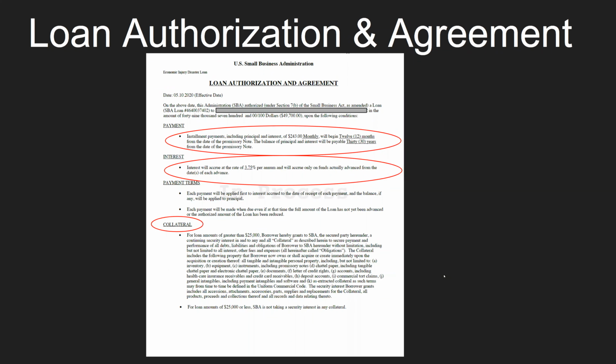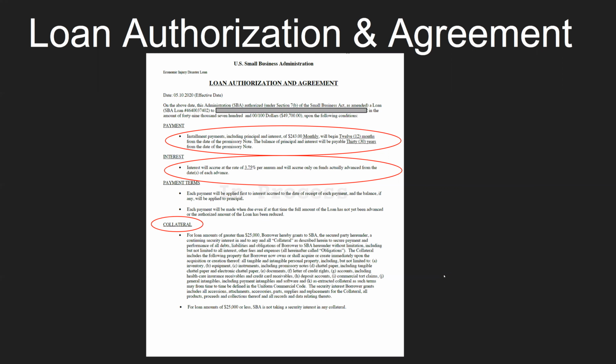The loan authorization and agreement very clearly outlines to you the loan terms. It tells you how much you have chosen to borrow, what that amount is, and how the payments will be paid back. This particular individual was looking at accepting a loan for $49,700.